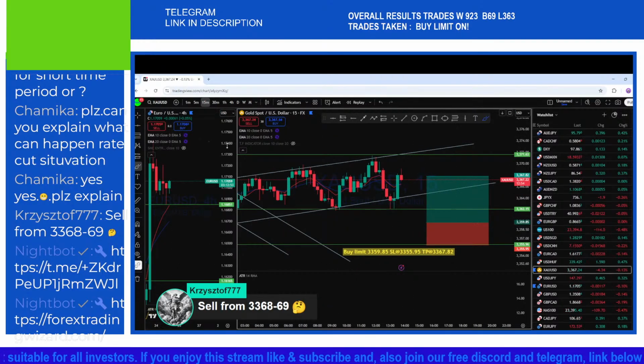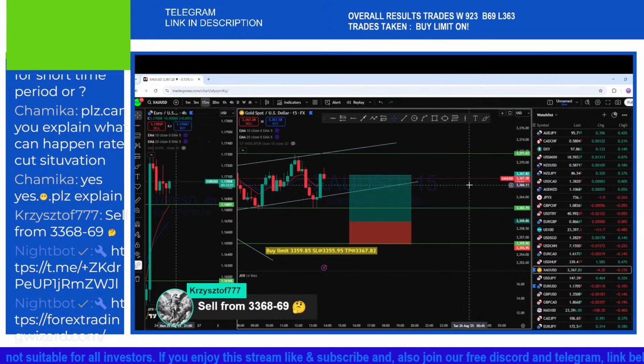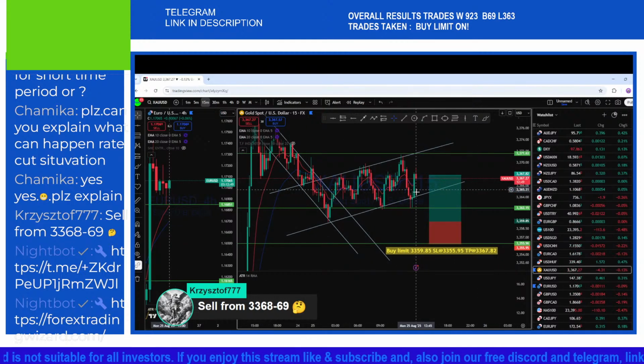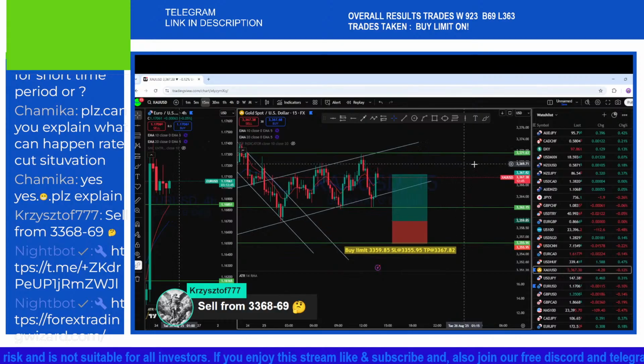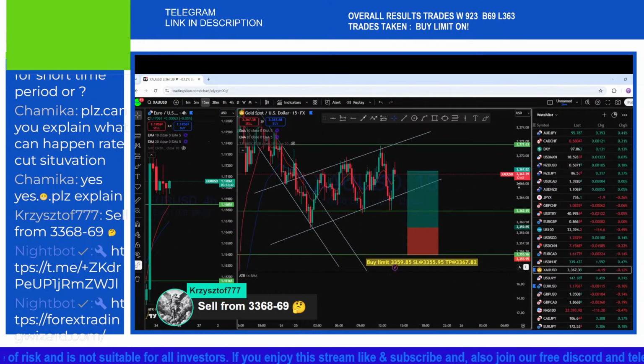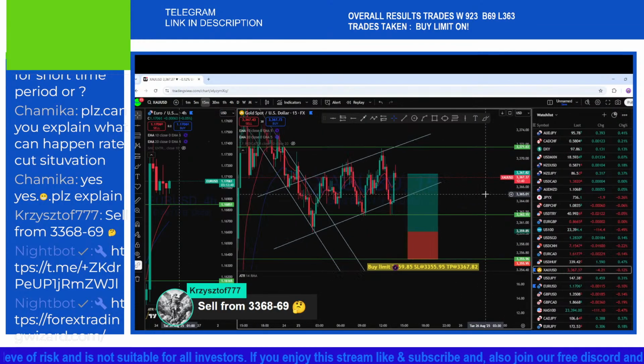You can see it's getting some rejection from the top. Now if this candle comes here before the 4-hour close, we could see the market turn back again to the upside here.